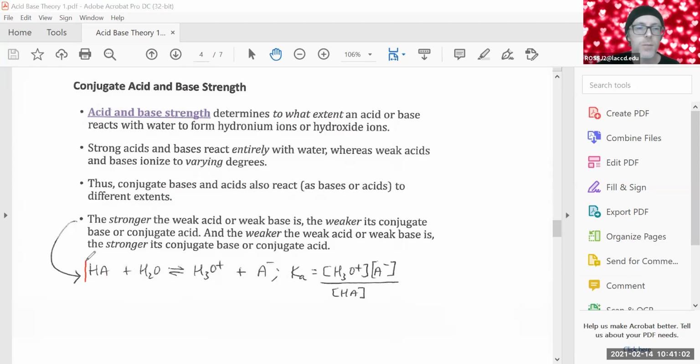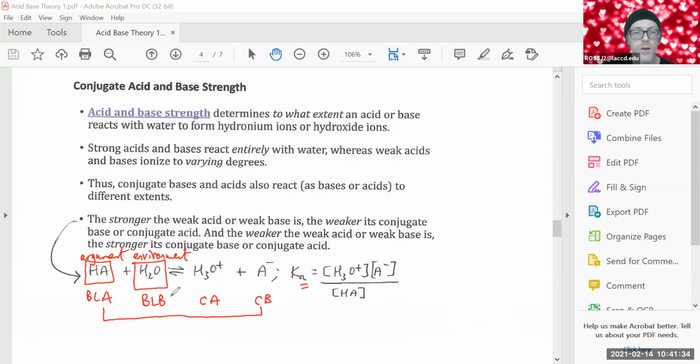Here's our argument. Here is our environment. Our argument is a Bronsted-Lowry acid, so clearly we have a Ka. The environment is a Bronsted-Lowry base, but that's not the argument. We wouldn't have a Kb for this expression. That's our conjugate acid. That's our conjugate base. Here are our conjugate pairs.